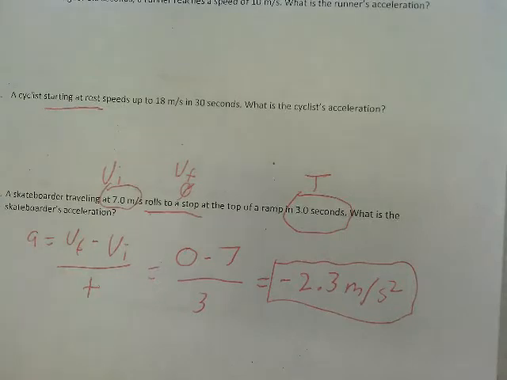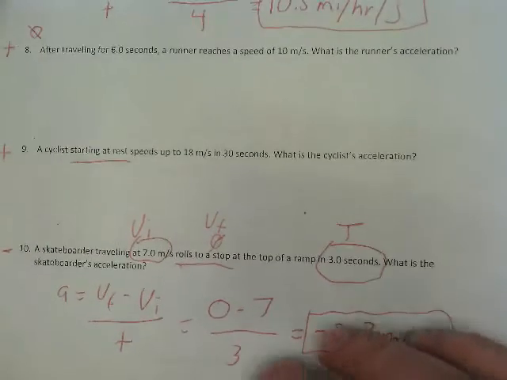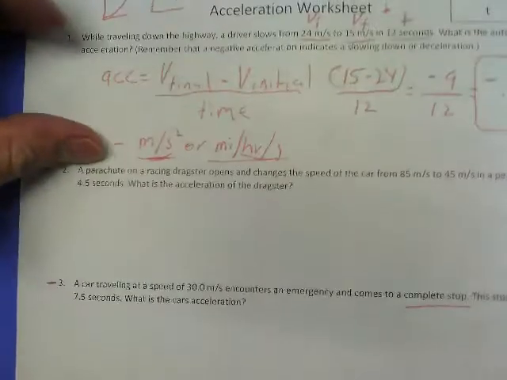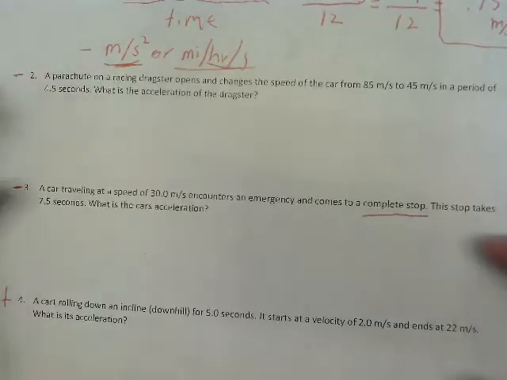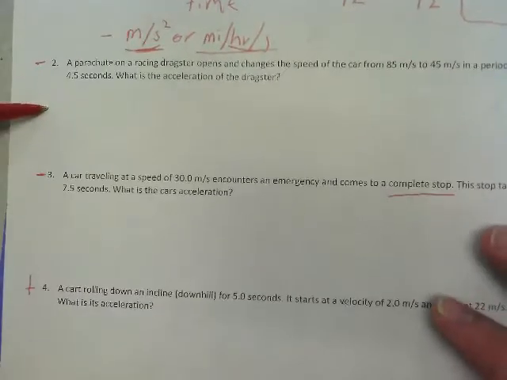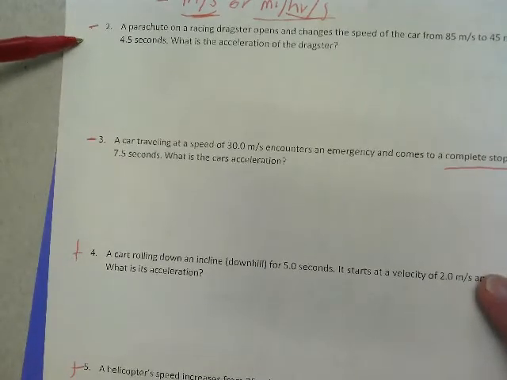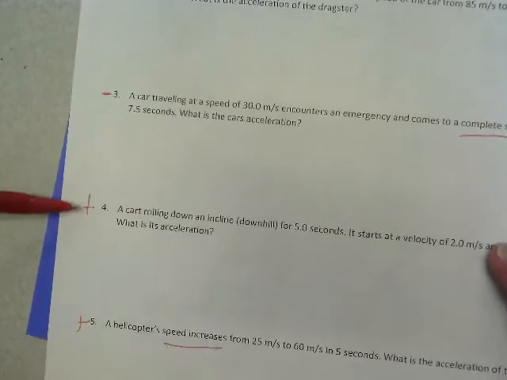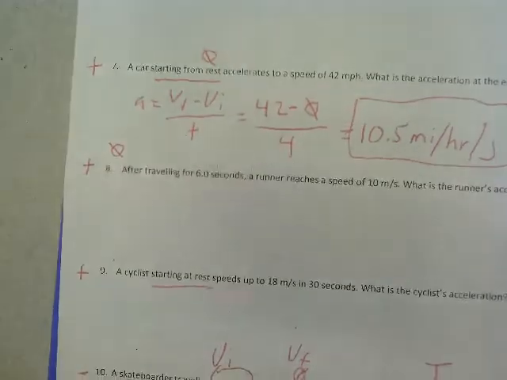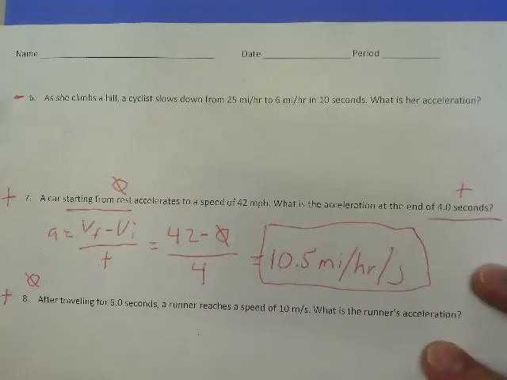Okay. With that leaves you all with, alright, so number 1 has been done. Leaves you with number 2, number 3, 4, 5. Now remember, a nice sign means it's going to be negative. Number 4 and 5 are going to be positive. Alright, number 6 up here is going to be negative.